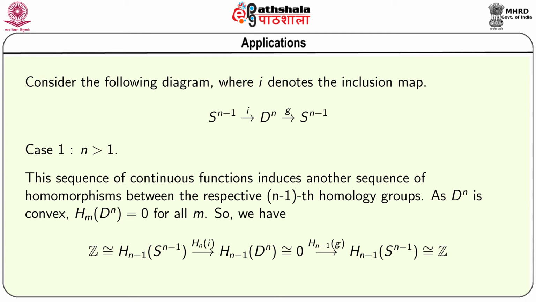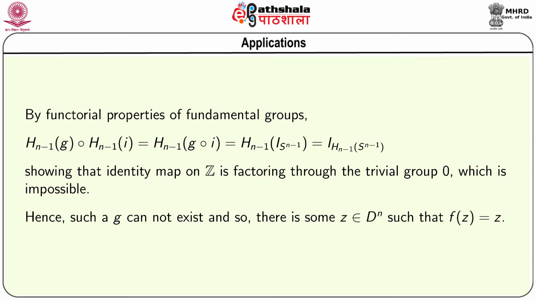Once again, the functorial property says that H(n-1)(g) composed with H(n-1)(i) is equal to H(n-1) of (g composed with i), and that is H(n-1) of the identity on S^(n-1), and that has to be the identity on H(n-1)(S^(n-1)).